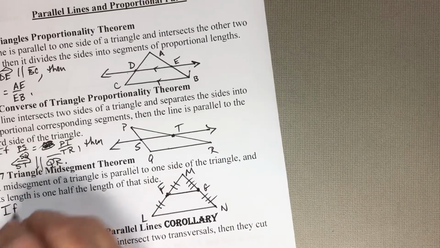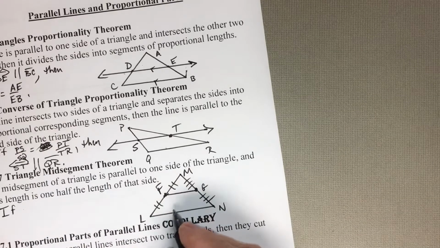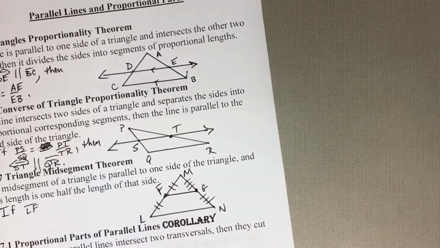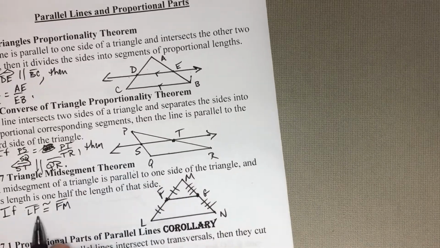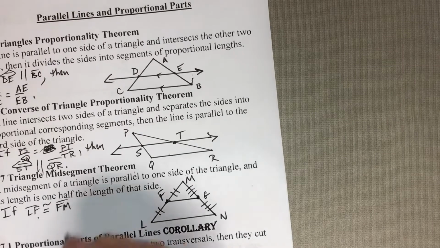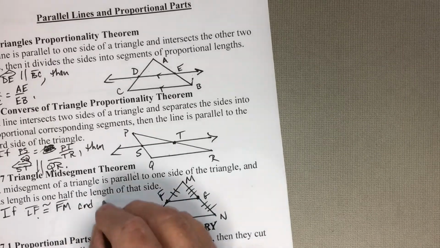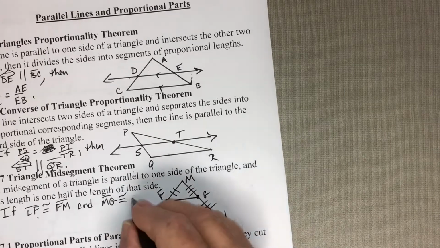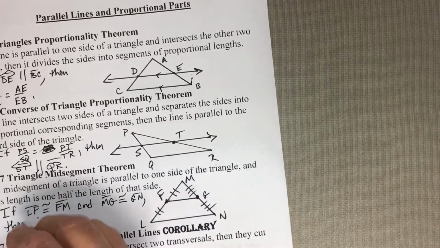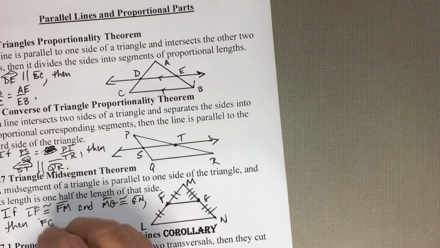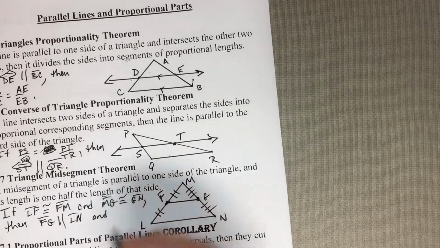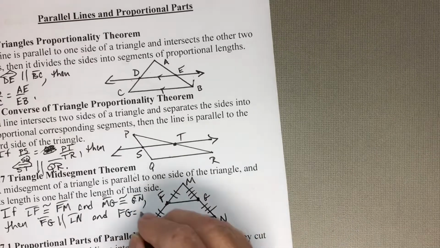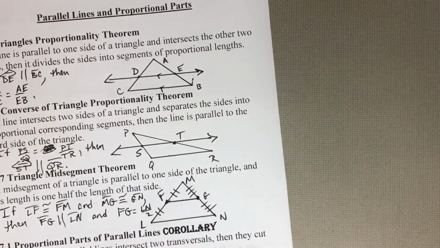If segment LF is congruent to segment FM, and that means that point F is the midpoint, and segment MG is congruent to segment GN, then line segment FG is parallel to line segment LN, and FG is equal to LN divided by 2, half of it. Okay, let's move on.